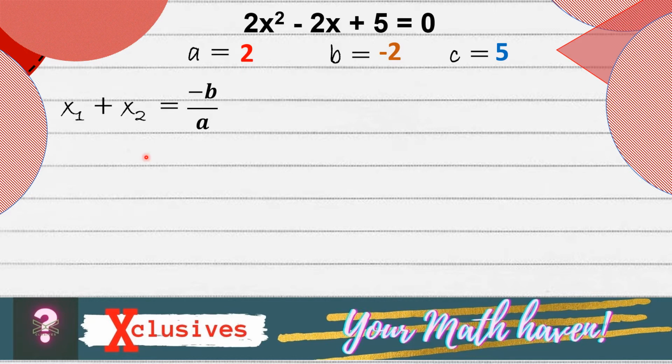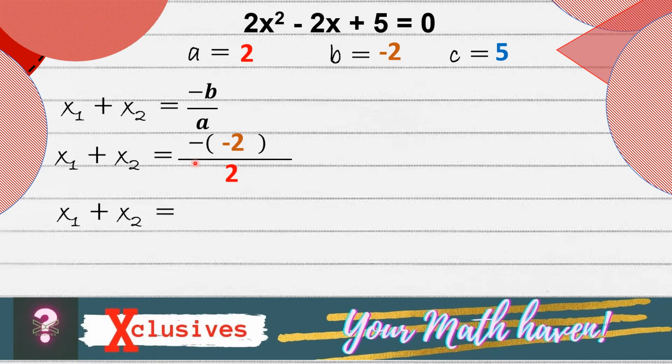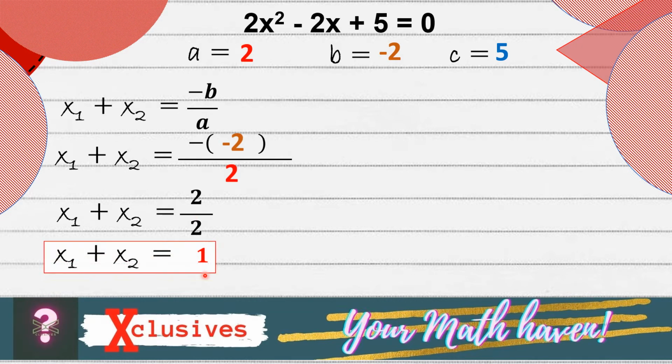Now, let us substitute the values. Our b is negative 2, so we are going to place negative 2 here, all over a, and our a is 2, so let us place 2 here. So negative times negative 2, that is positive 2, all over 2. So our sum of the roots is 2 over 2, that is 1. So this is our sum of the roots.